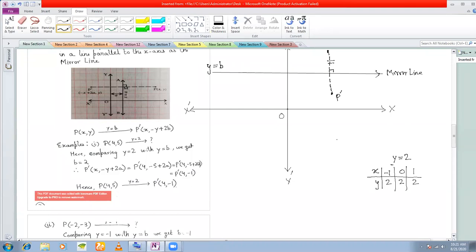So if you plot the points, you will get all the points on this line: minus 1, 2; 0, 2; 1, 2. So any straight line that is parallel to the x-axis will be of the form y is equal to b. Here y is equal to plus 2, which means the distance of this straight line from the x-axis will be 2 units.